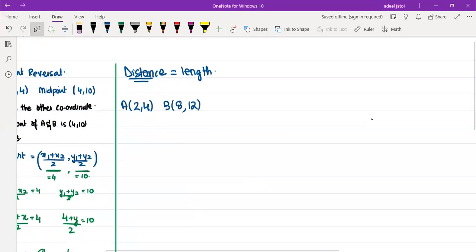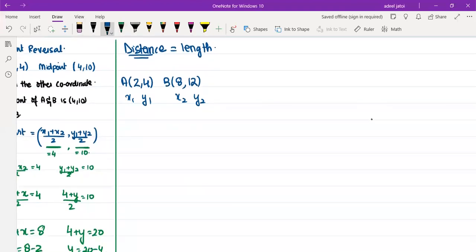So I already know that this is x1, this should be y1, this is x2, this should be y2. Your distance formula is under root y2 minus y1 whole square plus x2 minus x1 whole square. This is your distance formula.